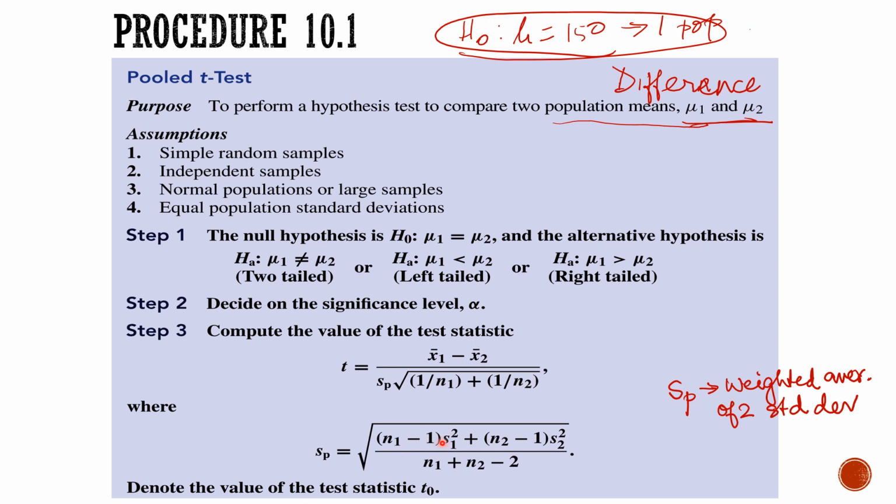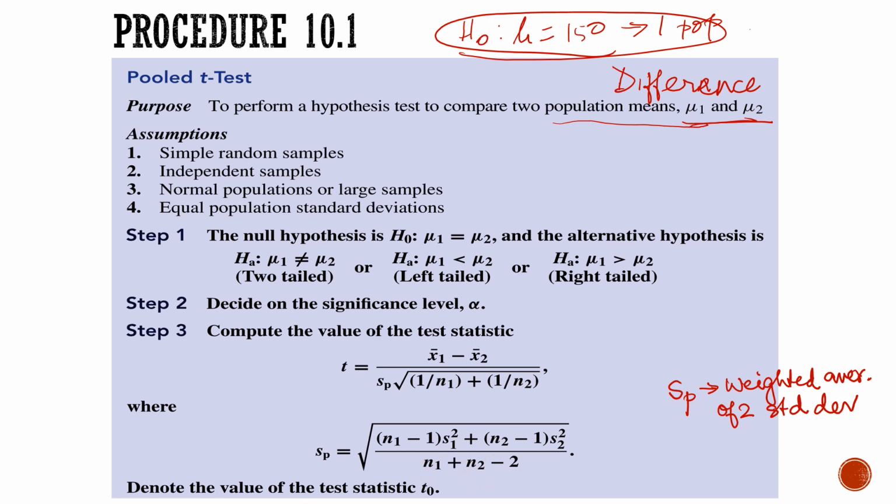But when we work with sample standard deviations, we subtract 1 from the sample sizes. So that's why they have n sub 1 minus 1 and n sub 2 minus 1 multiplied by the respective variances, divided by the degrees of freedom formula.